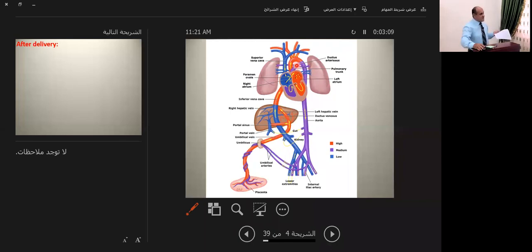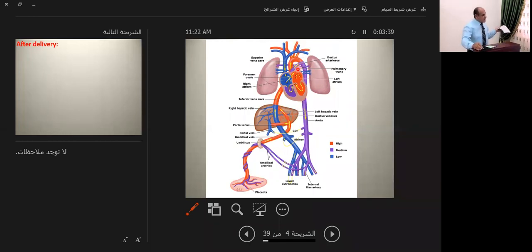Only 5% of the blood goes to the lung for the maturation of the lung tissue, while the 95%, because of the very high pulmonary vascular resistance, as I say, due to the pulmonary vasoconstriction, will be shifted through the ductus arteriosus to the lower part of the body.